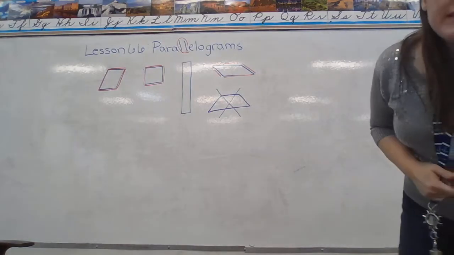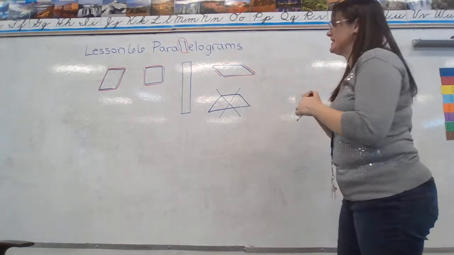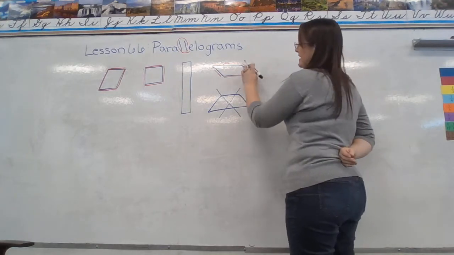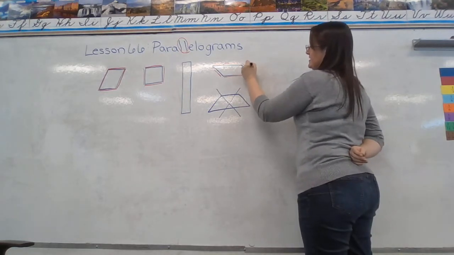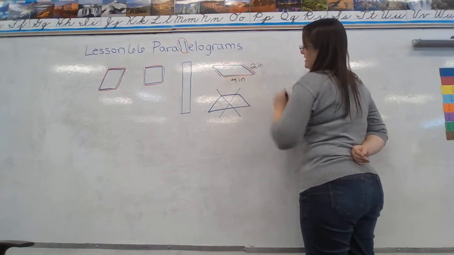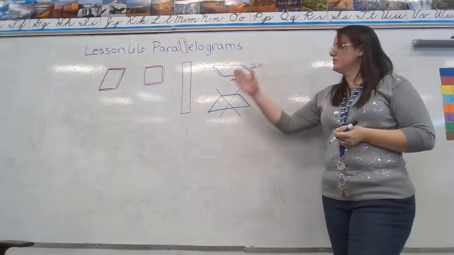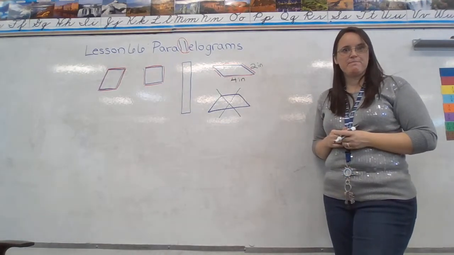So, some types of questions that you might see concerning parallelograms is maybe they give you the measurements and they tell you this is 2 inches and this is 4 inches, and they might say, find the perimeter of this parallelogram.